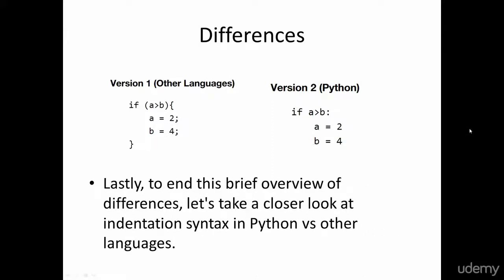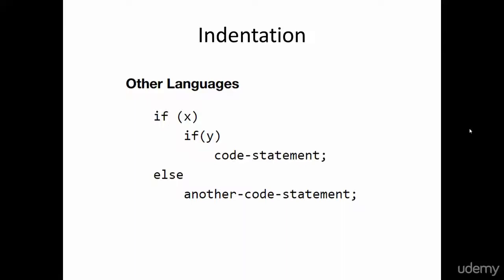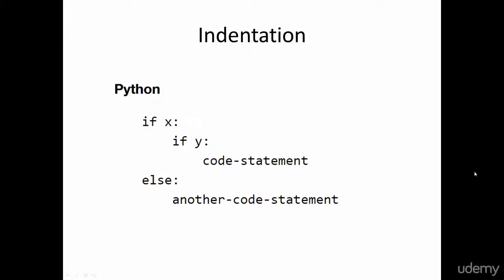And lastly, just to end this brief overview of the differences, let's take a closer look at the indentation syntax in Python versus other languages. In other languages, you might have some syntax that looks like this: if parentheses x, if parentheses y, you'll have a code statement and a semicolon, else, another code statement, semicolon. But in Python, you have this very clear structure that's driven by code indentation and the use of white space and these colons.